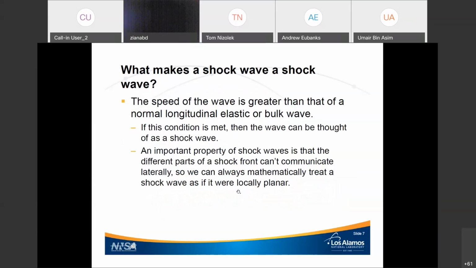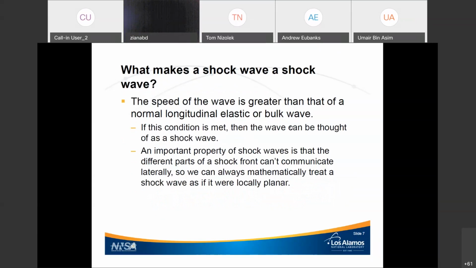So what makes a shock wave a shock wave? One is that one property I stated: the speed is greater than that of a normal longitudinal elastic or bulk wave, and I'll discuss the distinction there shortly. If this condition is met, then the wave can be thought of as a shock wave.